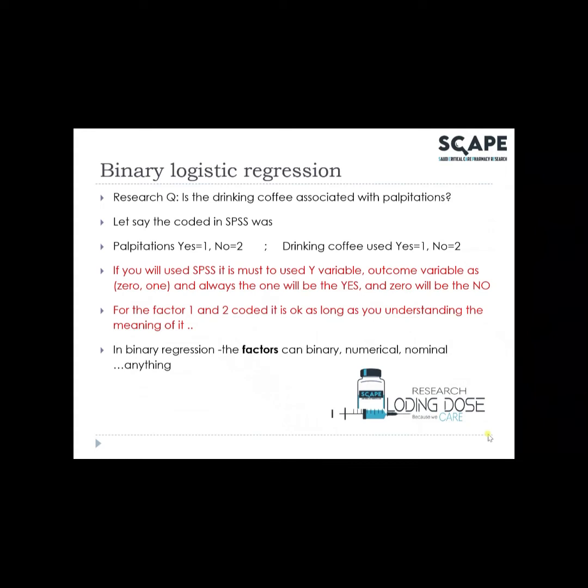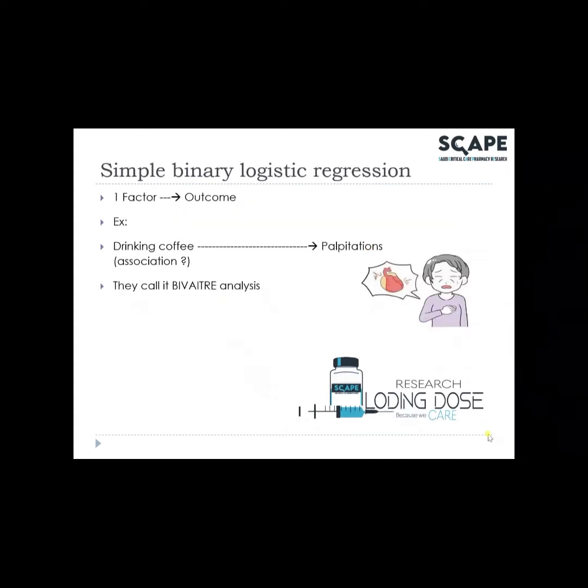In binary regression, the factors can be binary, numerical, nominal, ordinal, anything, but the most important thing is that my outcome has only two possible considerations. So here we have the simple binary logistic regression. We have only one factor and one outcome with two possible considerations.